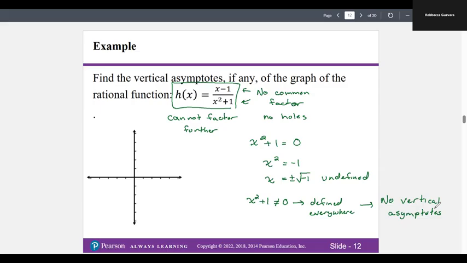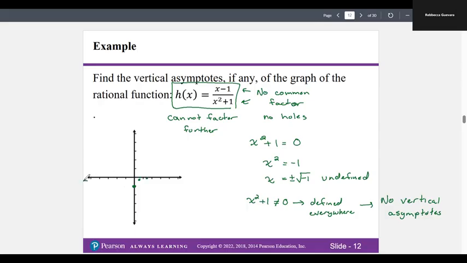So let me give you a quick graph of this. So I have x minus 1. Oops, sorry, user error here. So what this looks like is you have a point here, and you have a point about here, and I think here's my intercept.